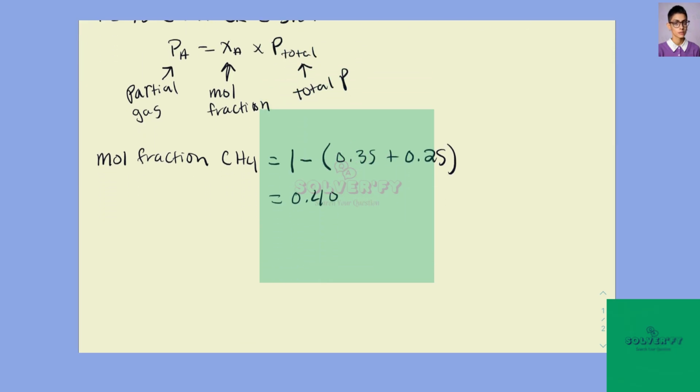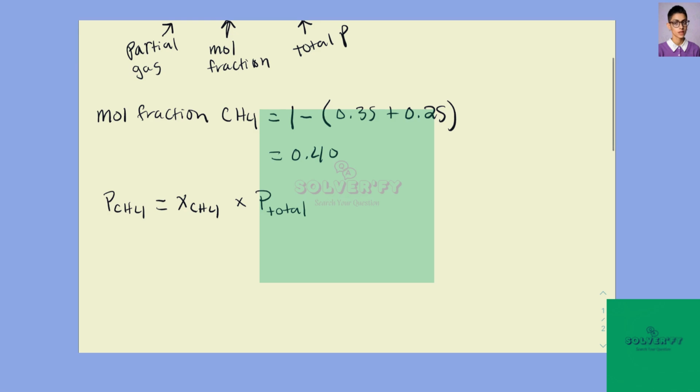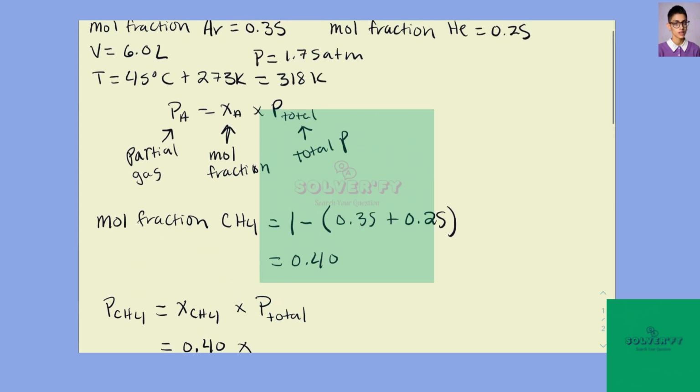So to get the partial pressure of methane, we're going to take the mole fraction of methane and times that by the total pressure. So our partial pressure is going to be our mole fraction, 0.40, times the total pressure, which they tell us is 1.75 atmospheres.